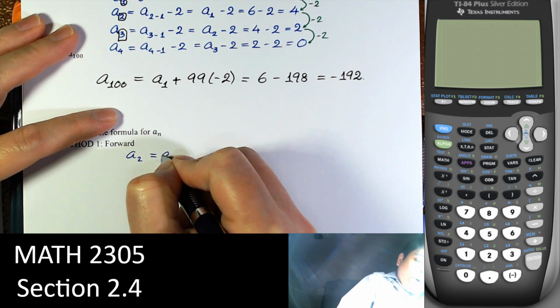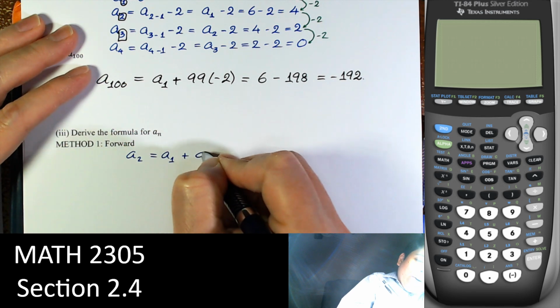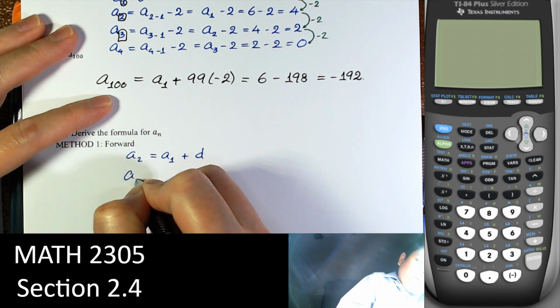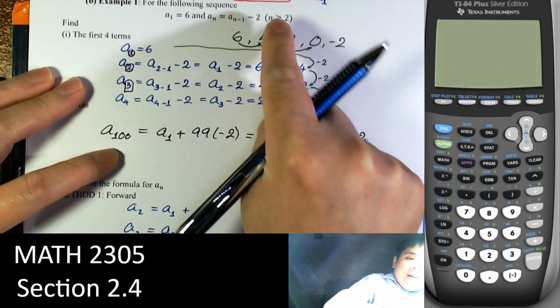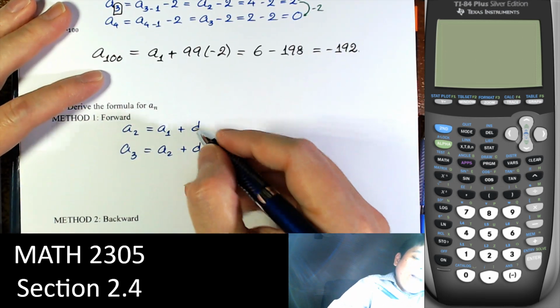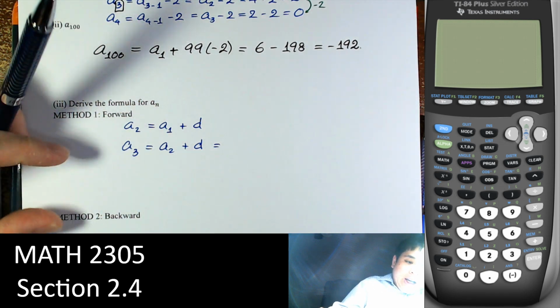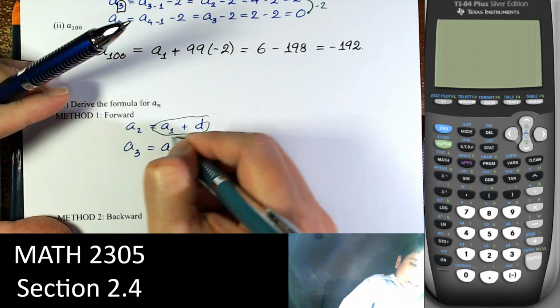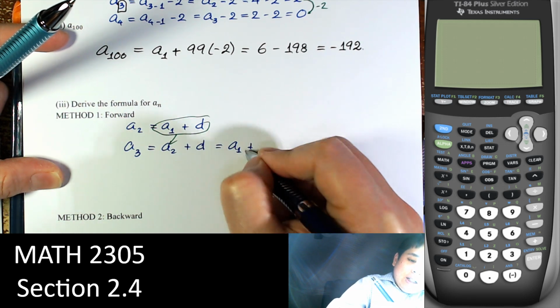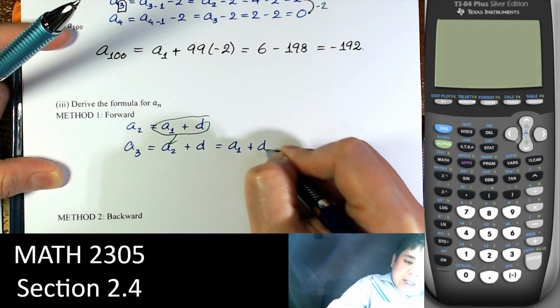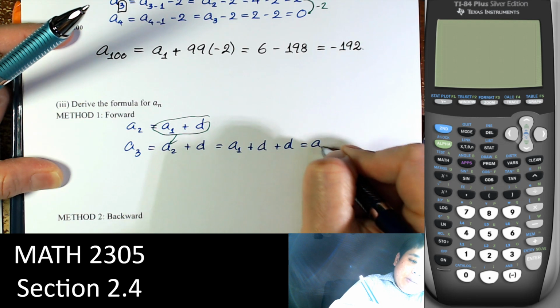A2 is equal to A1 plus a common difference. A3 is A2 plus a common difference. Now, if we substitute this here, we have A1 plus D plus another D, so A1 plus 2D.